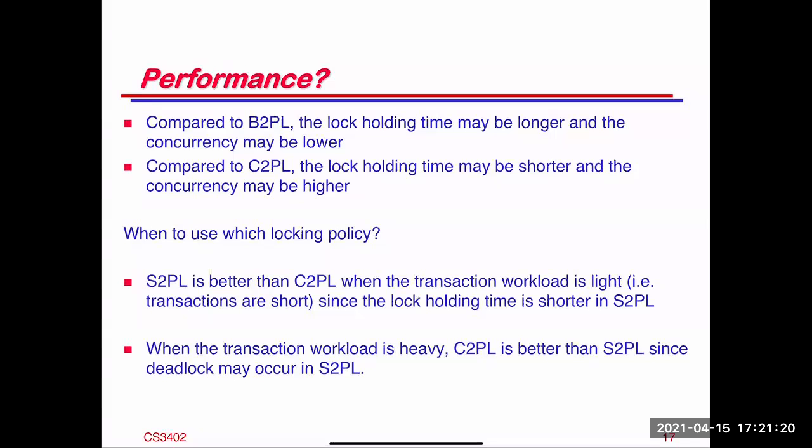Of course, if the transaction workload is heavy, then you probably want to use conservative two-phase locking, because in that case you have long transactions that access many data items, and deadlock is going to occur frequently, and then the overhead of getting rid of the deadlock will be too much. In that case, you just go the safe route by using conservative two-phase locking.